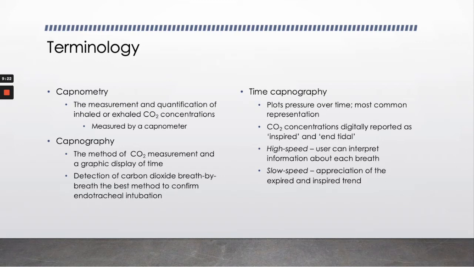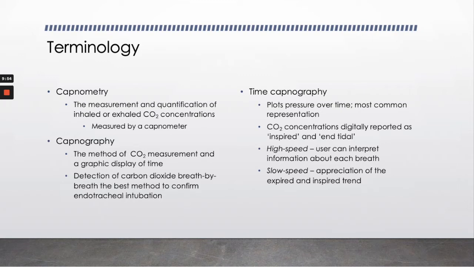Okay, so time capnography is essentially a graphic representation of the partial pressure over time. So it's plotting pressure over time, and it's the most common representation that we'll see. The CO2 concentrations are digitally reported as inspired and end-tidal. Most time-based capnograph devices can be configured to display the CO2 traces at two different speeds: high speed and low speed.